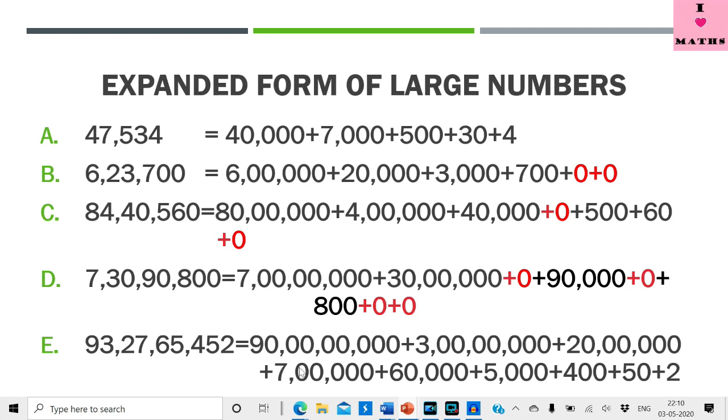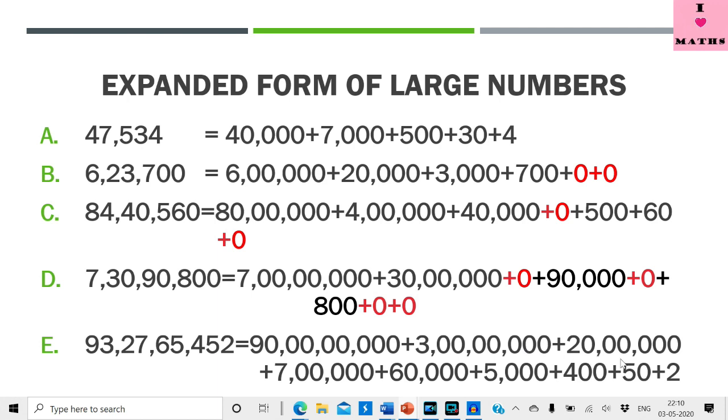Children, please pay attention. In all the big numbers, I have put commas, and commas are very, very useful for reading the numbers. So wherever the number has become 1,000 or more than 1,000, I have made it a point to put commas.